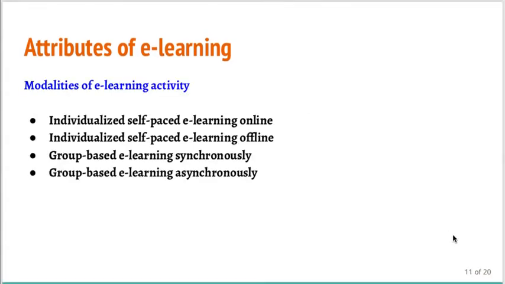So, what are the different types of e-learning activities or modalities that are possible in e-learning? They are listed here. The term e-learning comprises a lot more than online learning, virtual learning, distributed learning. As the letter E in e-learning stands for the word electronic, e-learning would incorporate all educational activities that are carried out by individuals or groups working online or offline and synchronously or asynchronously via network or standalone computers.